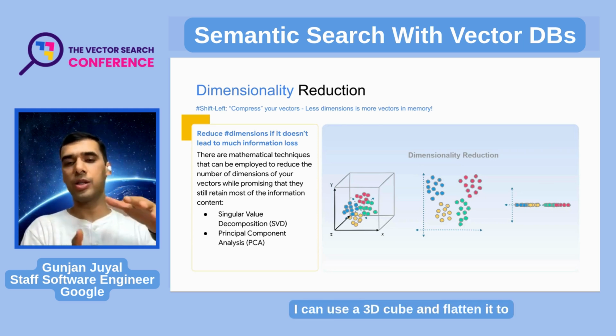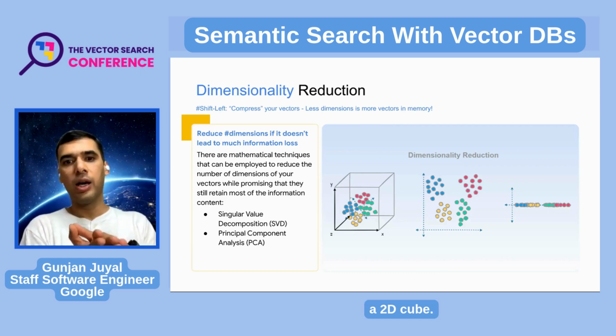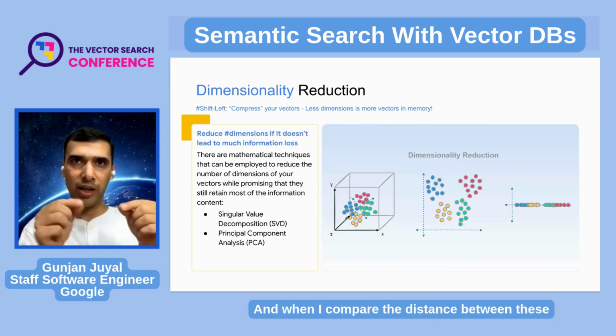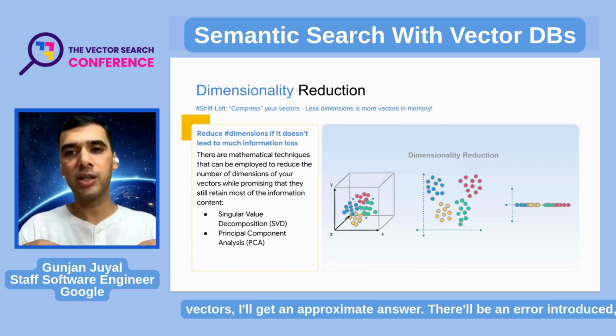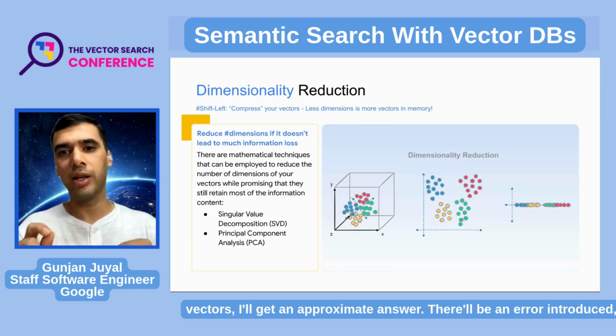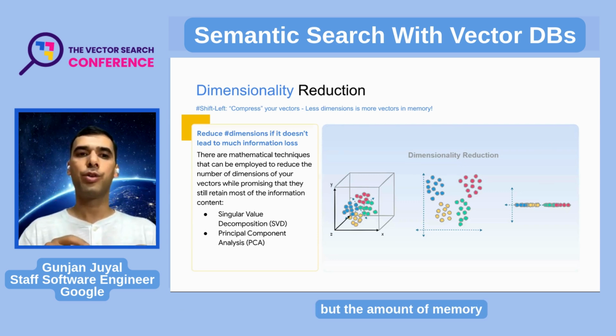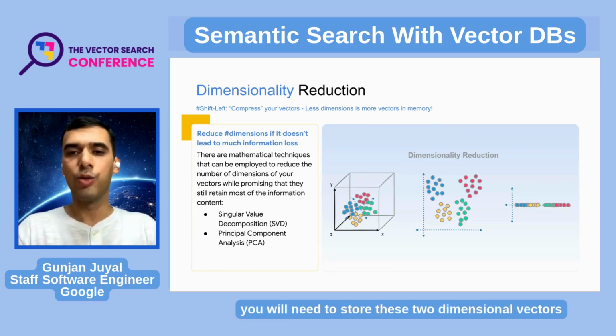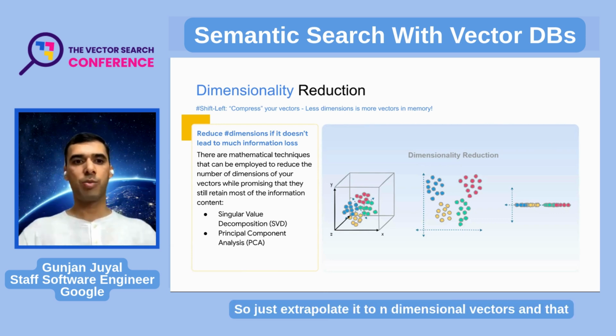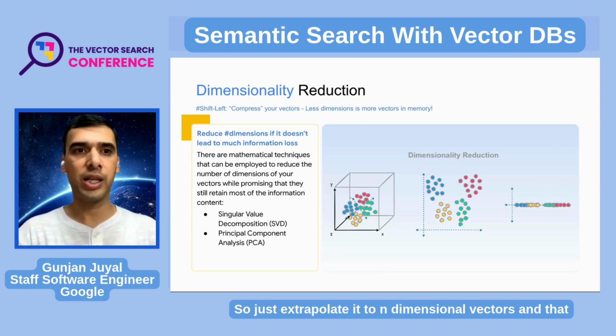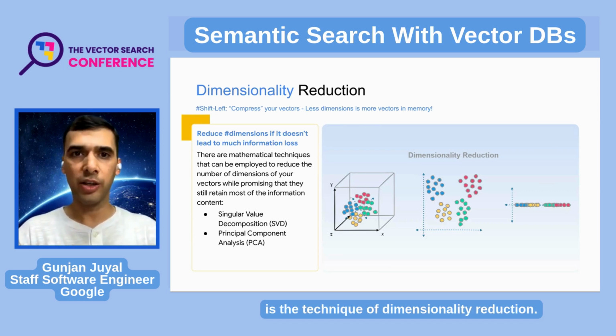For example, I can use a 3D cube and flatten it to a 2D square. When I compare the distance between these vectors, I'll get an approximate answer. There'll be an error introduced, but the amount of memory you will need to store these two-dimensional vectors is much smaller. So just extrapolate it to n-dimensional vectors, and that is the technique of dimensionality reduction.